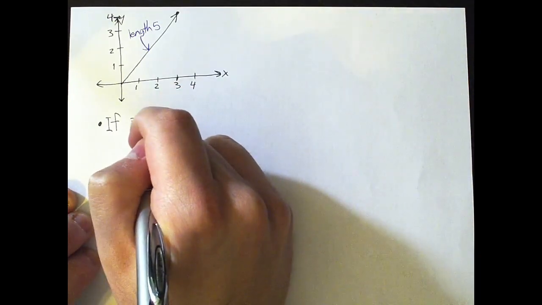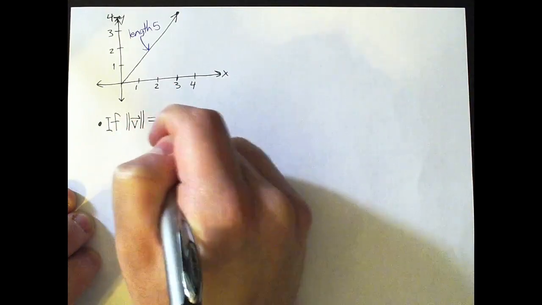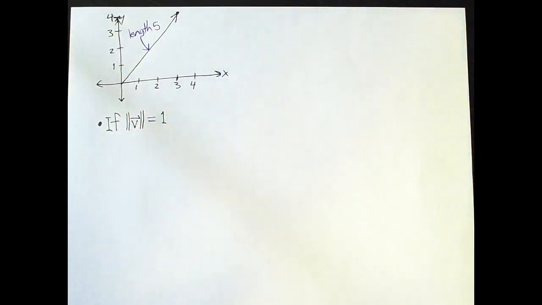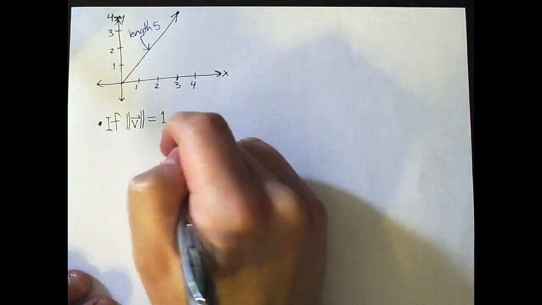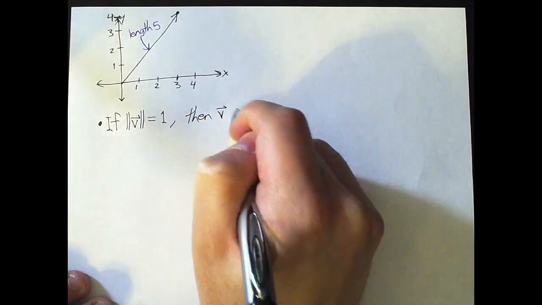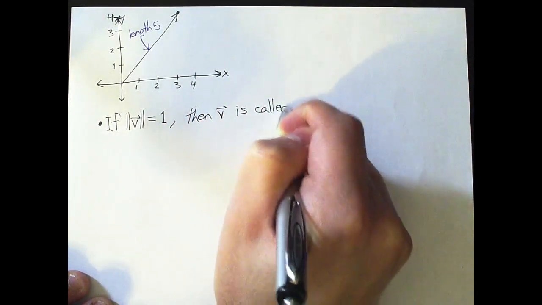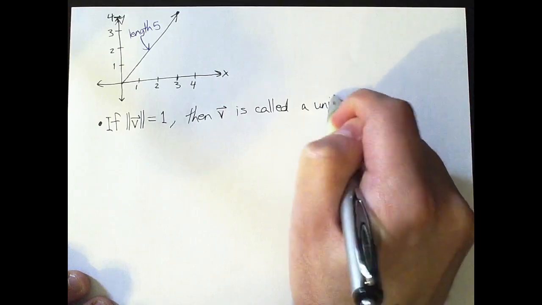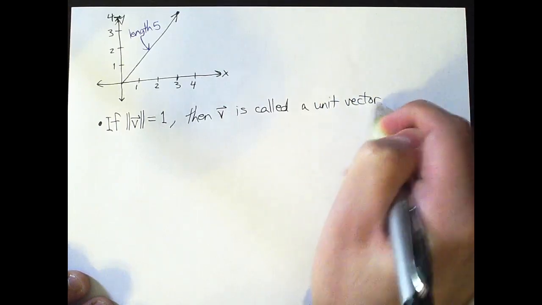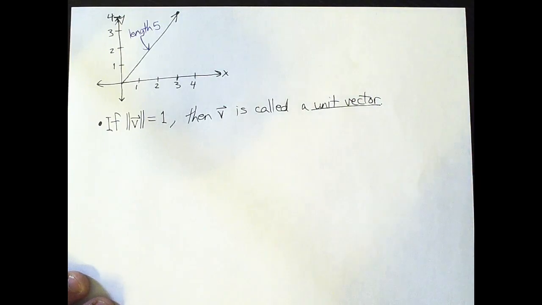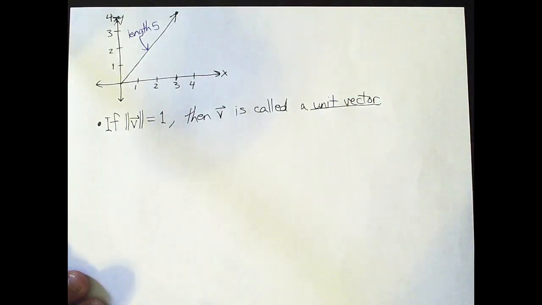If v has a length of 1, then v is called a unit vector. So it's a vector with a length of 1. The one that we drew above had a length of 5, so it's not a unit vector.